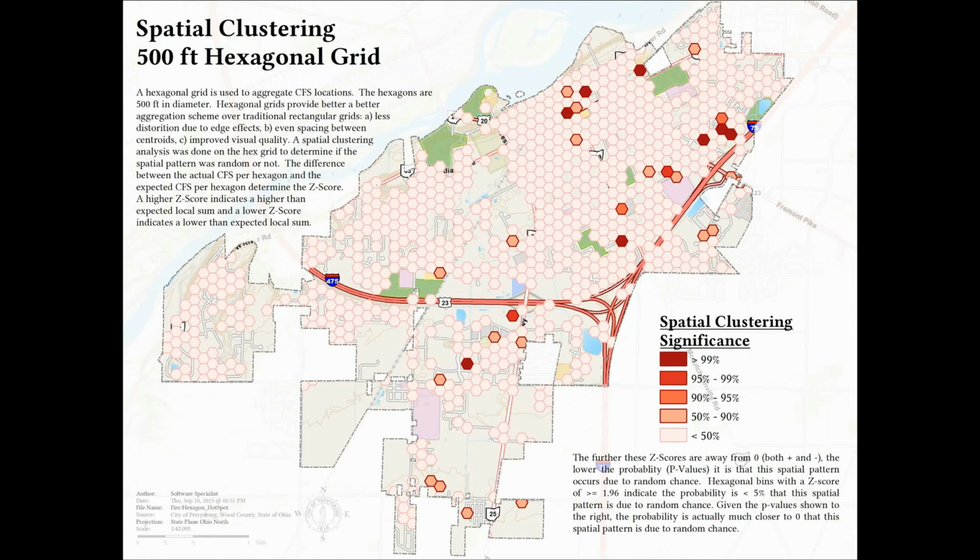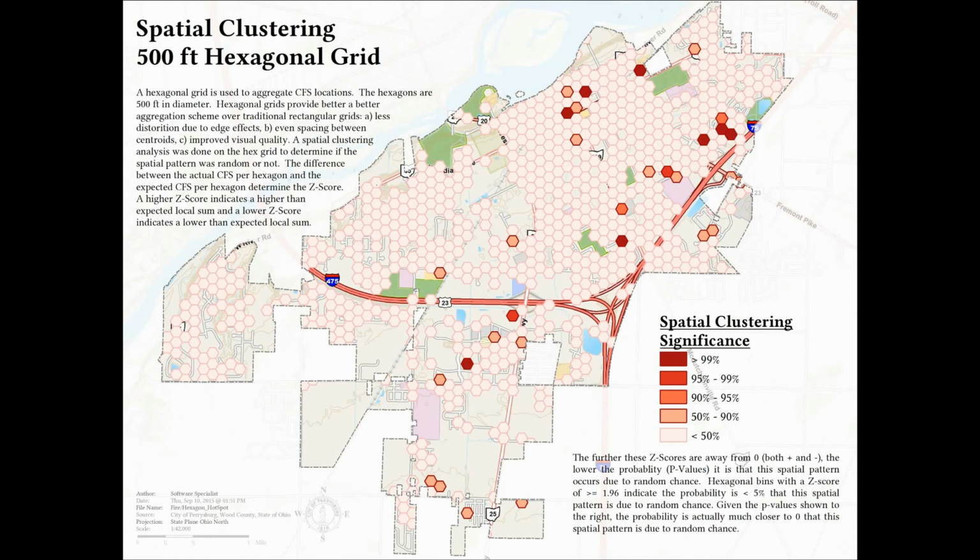So basically, the darkest red have p-values that are less than 0.01, which indicates a greater than 99% chance that this pattern is not due to random chance, right? So we can be highly confident that there's something driving this specific pattern of calls for service or a specific pattern of points in these locations.